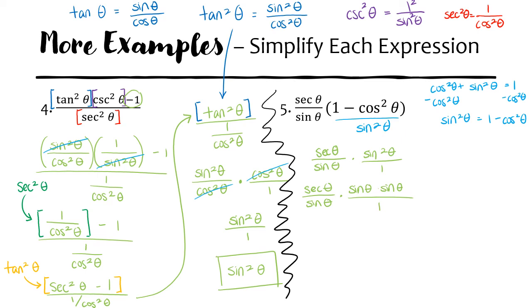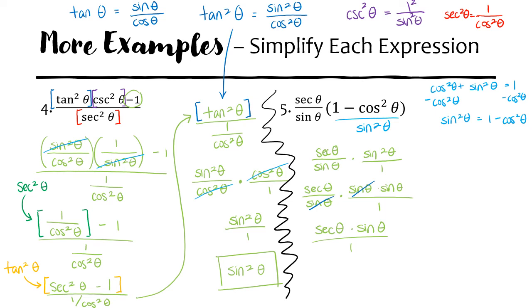The only purpose that is helpful is because we can see that we can cross cancel some elements. Our sine here and one of our sines in the numerator can cancel out. So that means I am just left with secant times sine. No longer sine squared, just plain old sine. We could write that as over 1, if that's helpful to you, then go for it.